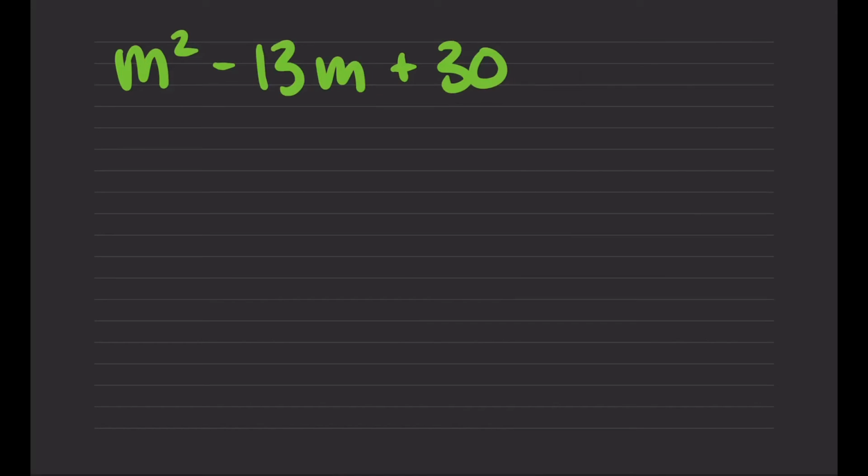Okay, one more time. We're going to do another example. This time we're not going to use that window method. So this time the variable is m, and the expression that I have is m squared minus 13m plus 30. So again, I'm looking to turn this into two things that I'm going to multiply together.